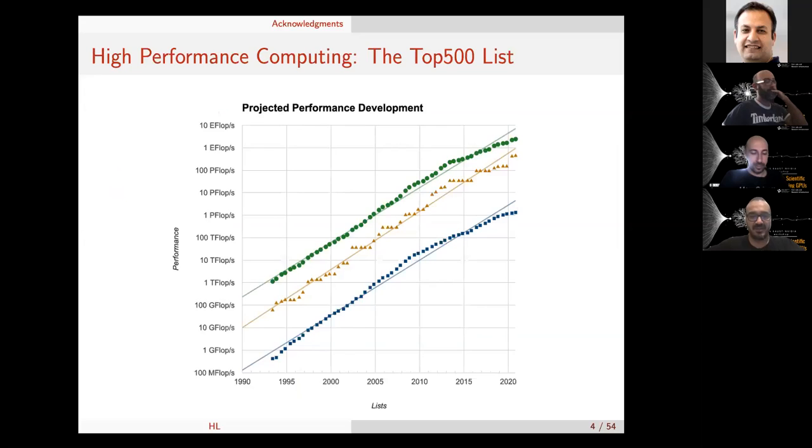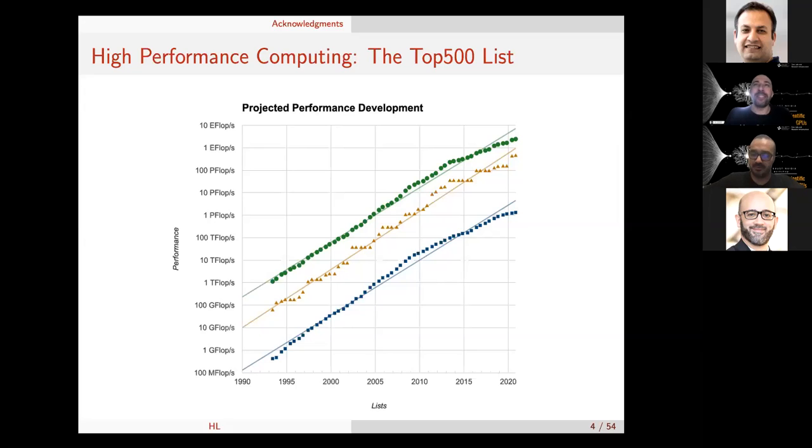Not because it gives fancy numbers from running a naive benchmark that saturates the floating point units and gives you a huge number in terms of performance, and then ranks you on this list, but rather to look at the technology, the underlying hardware technology that takes you to that extreme parallelism, because that technology is important to be acquainted with to make sure your workload works well and effectively on that hardware.